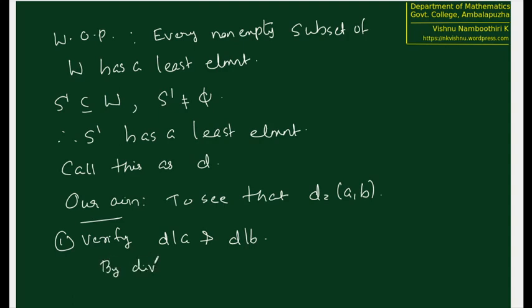By the division theorem, there exist unique integers Q and R such that A equals DQ plus R with 0 less than or equal to R less than D. This is known. Now, some rearrangement. What is R now? R is equal to A minus DQ. But what is D?